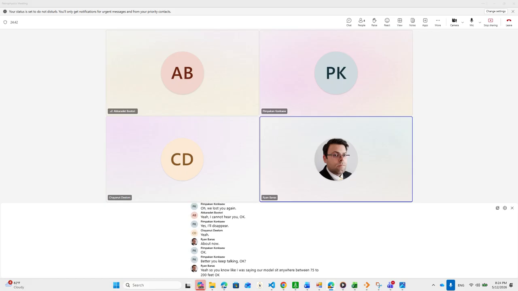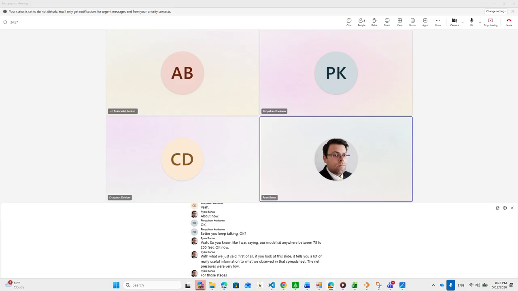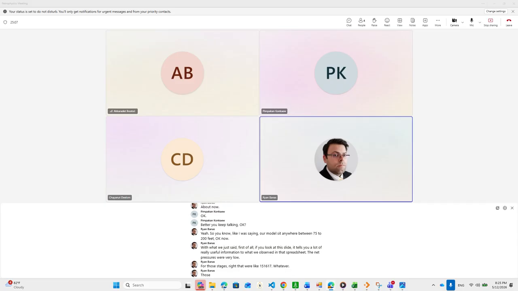Okay. Now, with what we just said, first of all, if you look at this slide, it tells you a lot of really useful information to what we observed in that spreadsheet. The net pressures were very low for those stages, right, that were like 15, 16, 17, whatever. Those indicated that we had a small height, like 75 feet or something.